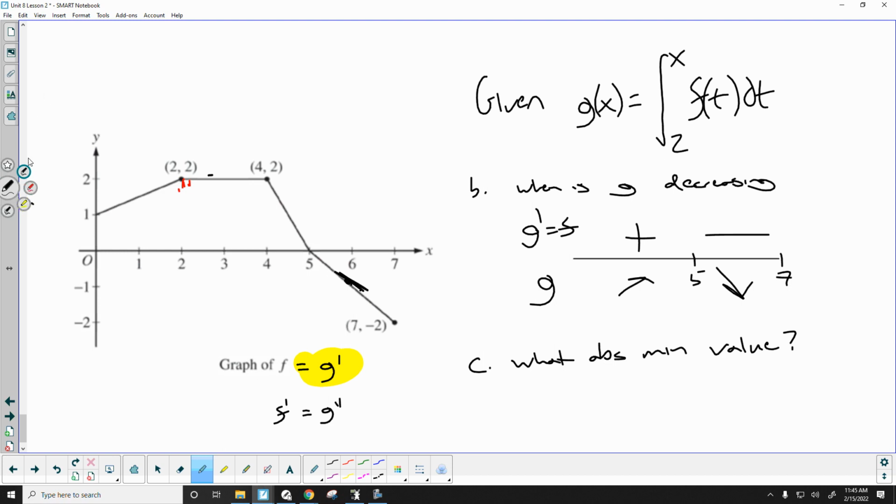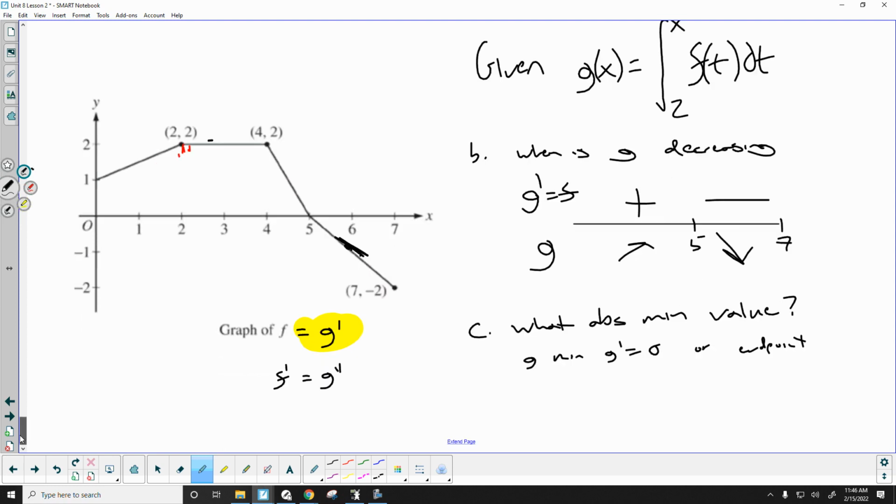All right, it's pretty simple. G has a min when G prime equals 0 or at an endpoint. I already have my G prime sign analysis. Is 5 going to be the location of the min? No, but maybe we're going to do a little bit of work.